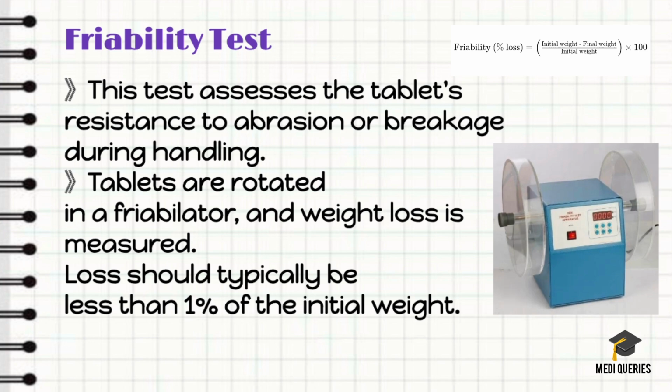By using this formula we will find out the friability. The acceptance criterion is that the weight loss should not be more than 1%, and if more than 1%, the tablet fails the friability test.